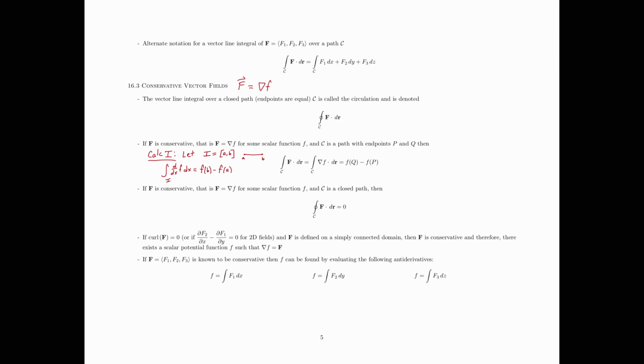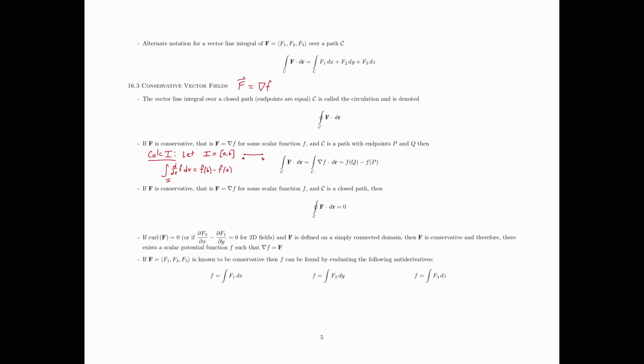This next statement down here talks about under what conditions we know or can check that a vector field's conservative. Sure, one way to show that a vector field's conservative is to actually find this function. If you're able to find this f, then just take the gradient of it, and if it does equal your vector field capital F, you've just shown that it is conservative.